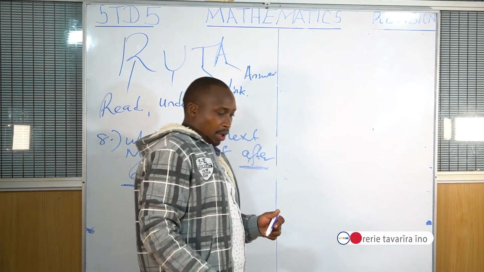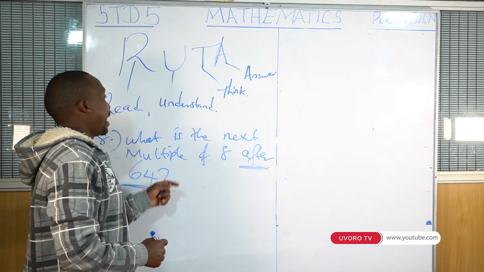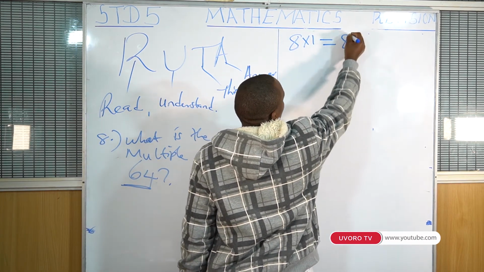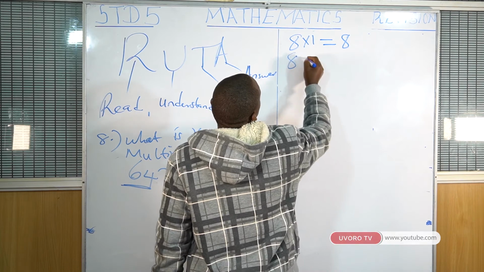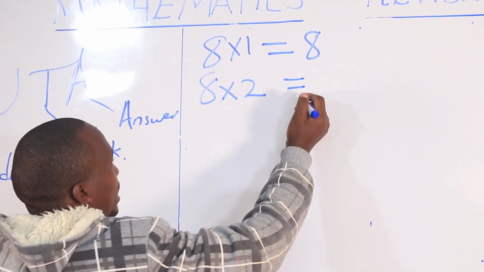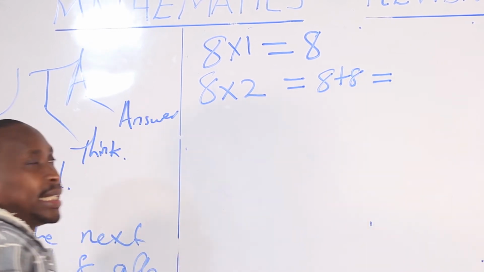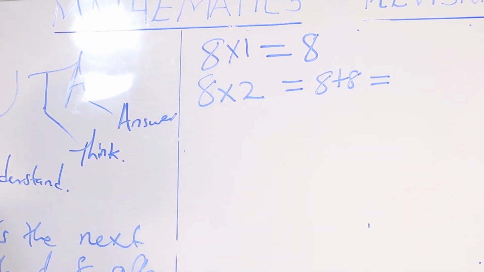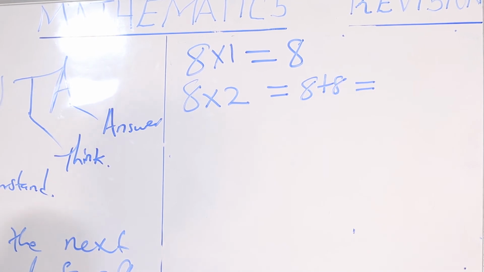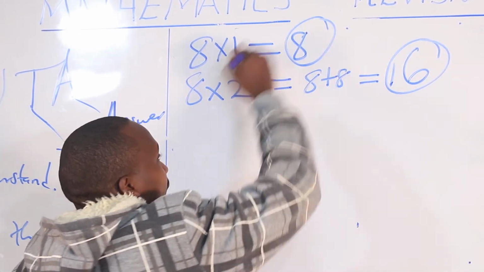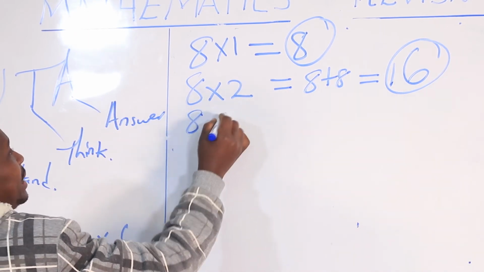We'll use our multiplication table of 8. 8 times 1 equals 8. What is 8 times 2? It means you have how many 8s? 2 eights. That is 16. What is 8 times 3?